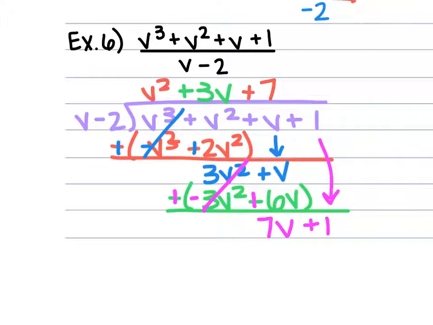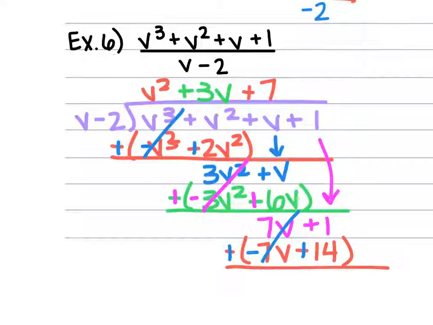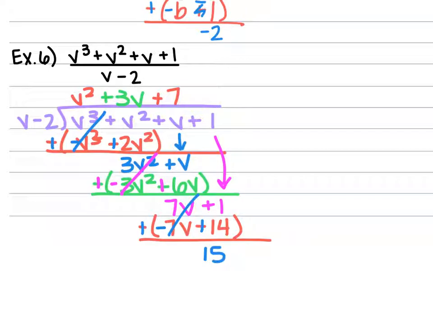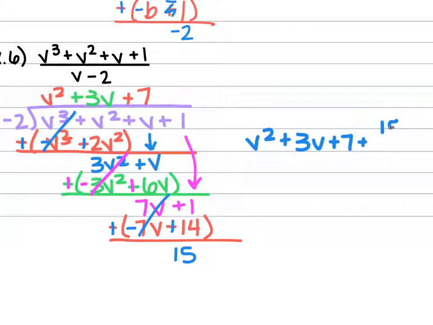It's a positive 7. So multiply the 7 by v minus 2. It's going to give us 7v minus 14. I'm going to subtract or add the opposites. The 7v's cancel. And I have 15 left over as my remainder. So my answer for this one is v squared plus 3v plus 7 plus 15 over v minus 2.